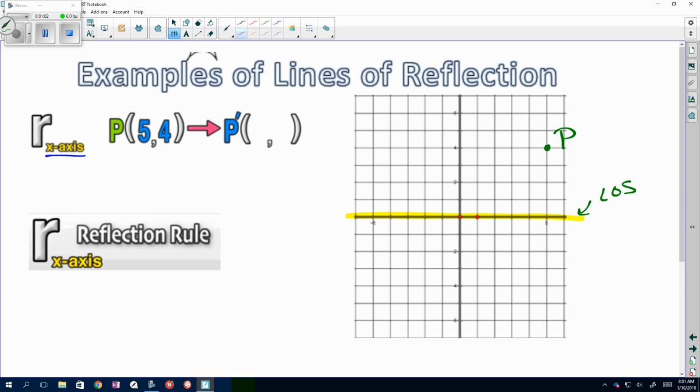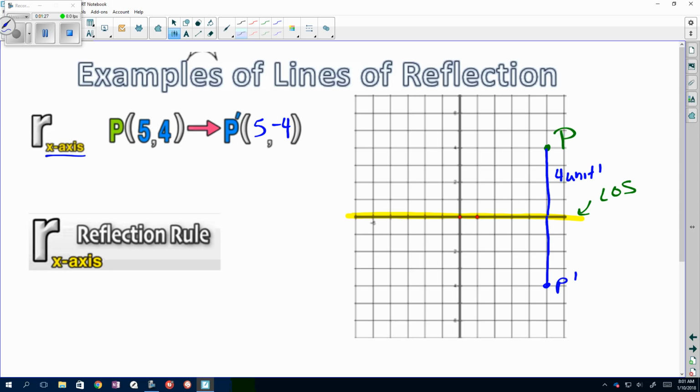So, for example, the distance from point P to that line of symmetry is 4 units. Since distance is maintained, I can just go 4 units below this line of symmetry and plot the image P prime. So that is located at (5, -4).